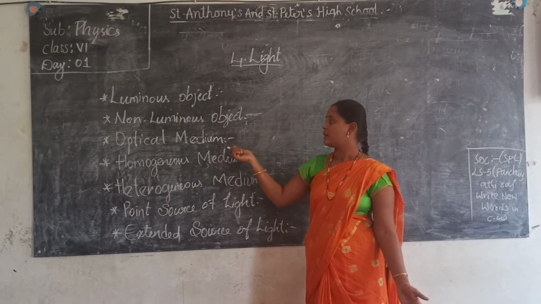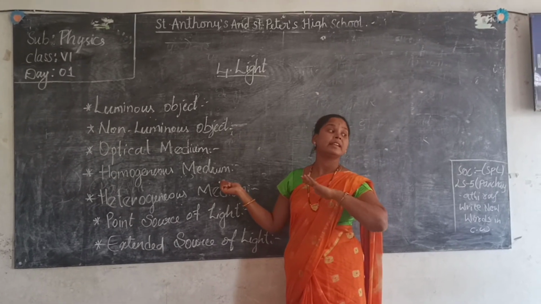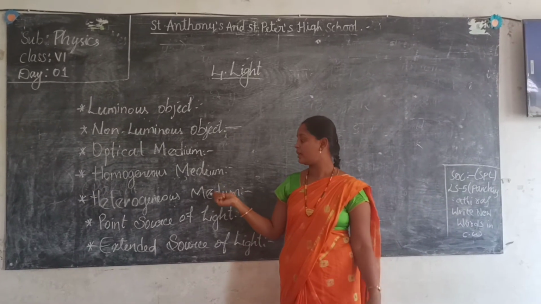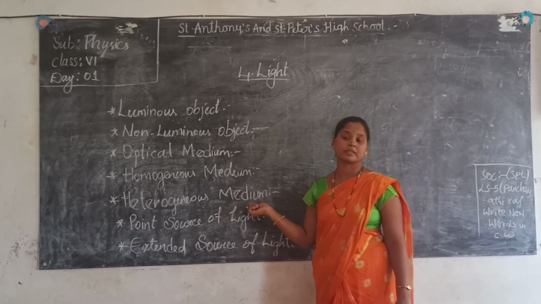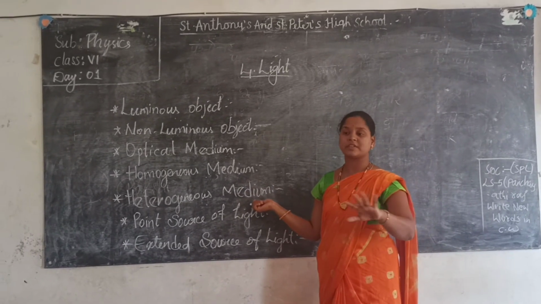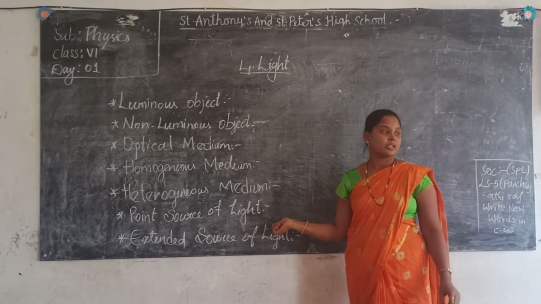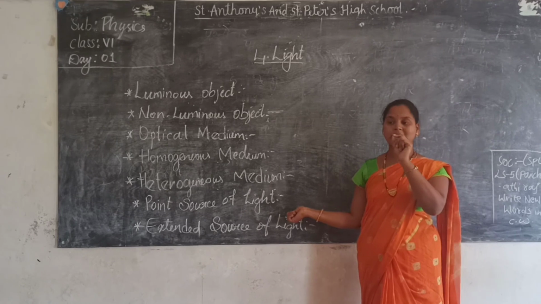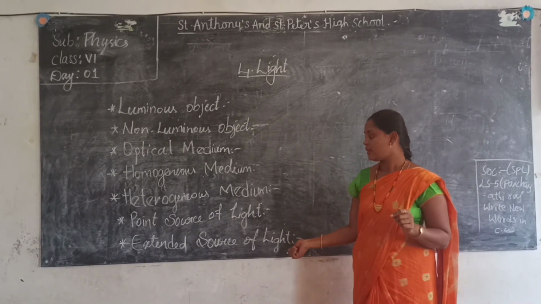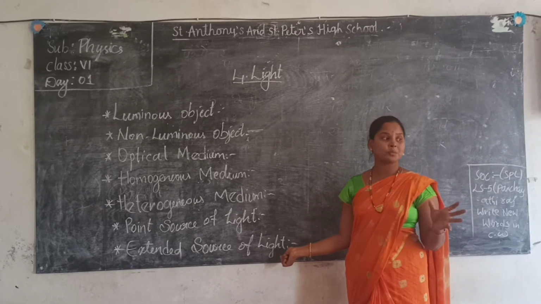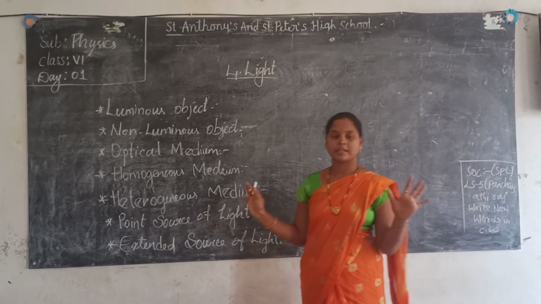Homogeneous medium: where the light passes equally. Heterogeneous: different. Point source of light: only a single point, only a little light. Extended source of light: tube lights, a large amount of light.